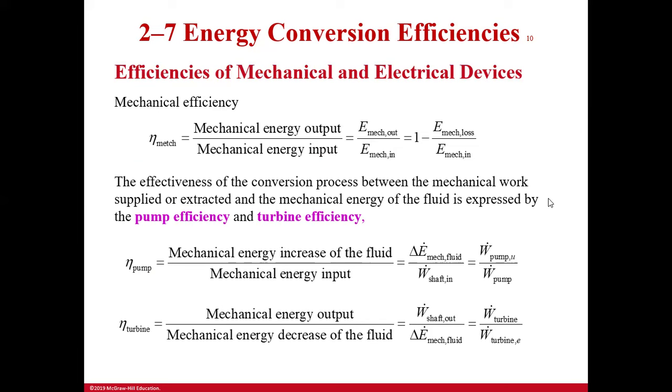And the effectiveness of conversion process between mechanical work supplied or extracted and the thermal energy of the fluid is expressed by pump efficiency and turbine efficiency. So pump efficiency is mechanical energy increase in the fluid divided by mechanical energy input, and turbine efficiency is mechanical energy output divided by mechanical energy decrease of the fluid.